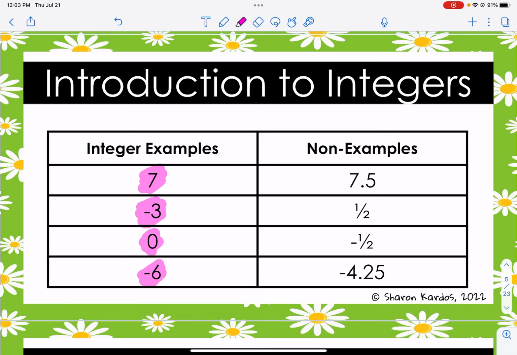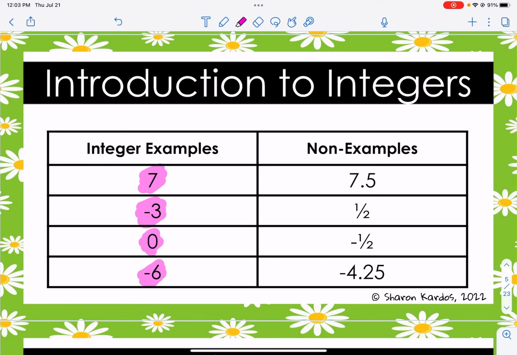Now, even more important to me sometimes than the examples are the non-examples. So 7.5 is not an integer. And if we were in class, I would ask you why this is not an integer. You would say because it is a decimal. Decimals cannot be integers.